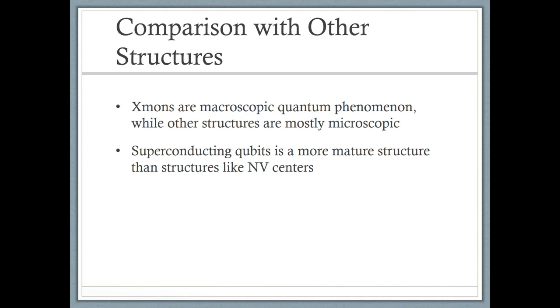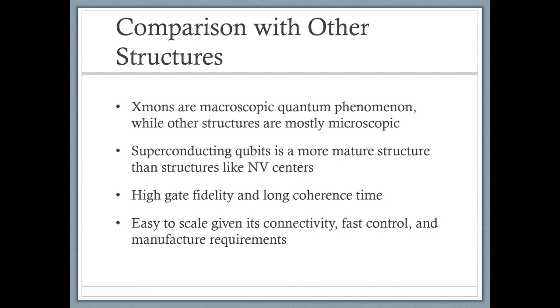Secondly, superconducting qubits are a more mature structure than structures like NV centers. Thirdly, as I mentioned before, the X1 qubit has a very high gate fidelity and a relatively long coherence time. And finally, the X1 qubit is very easy to scale up given its connectivity, fast control, and manufacturer requirements.